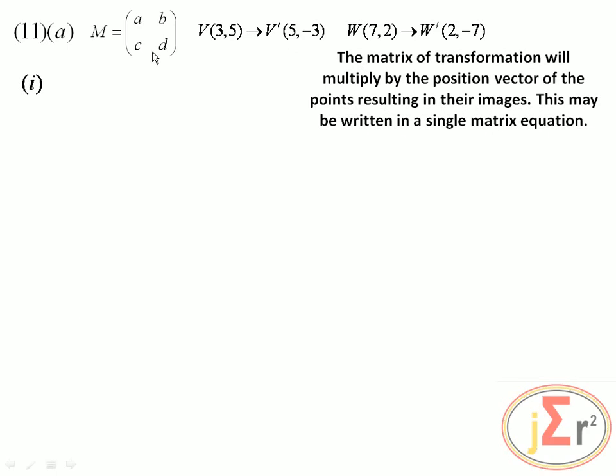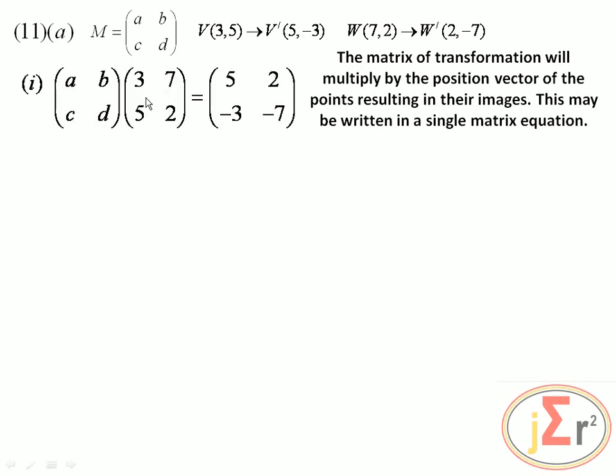So this is our matrix of transformation, multiplying 3, 5 written in column form, 7, 2 in column form, and the result is 5, -3, the image of V, and 2, -7, the image of W.